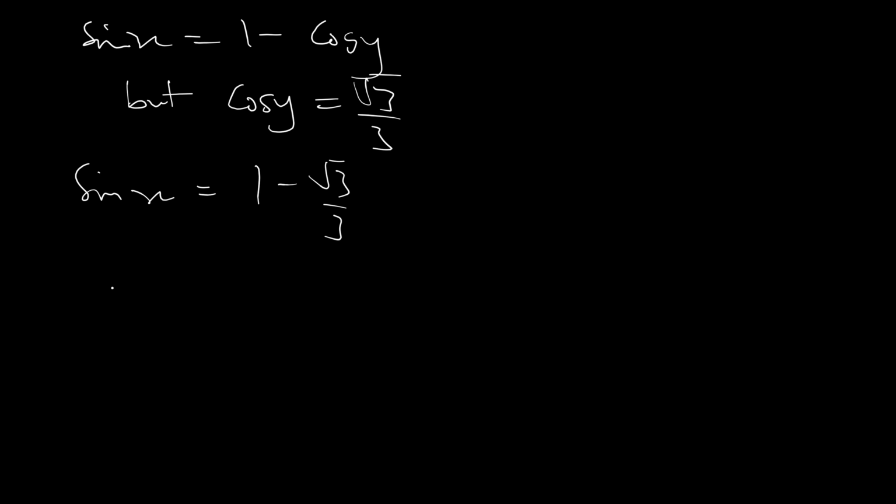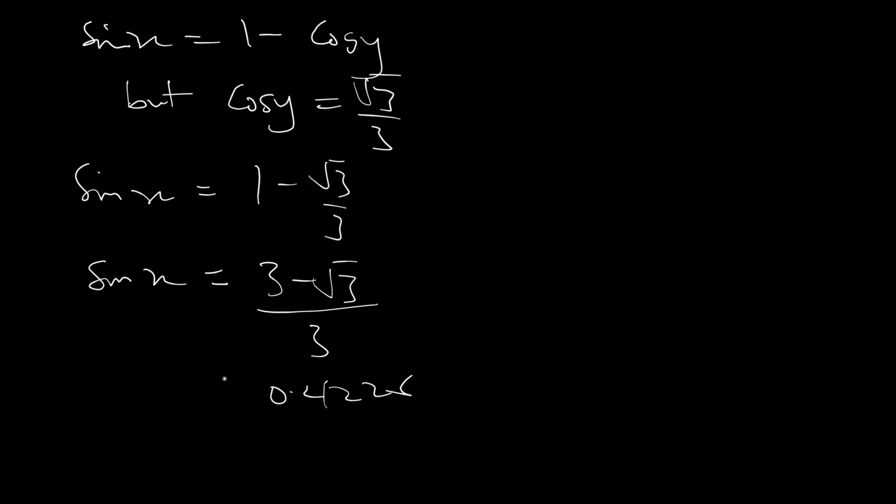Now when we do this, our sine x should be equal to 3 minus root 3 all over 3. Now 3 minus root 3 over 3 gives us 0.4226. So our sine x will be equal to 0.4226.